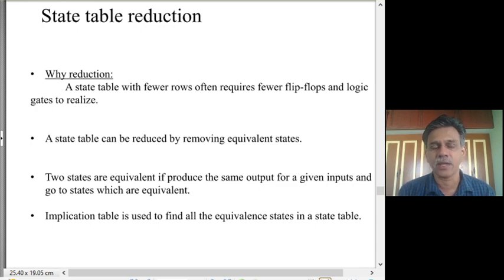But even in this case, if you have 6 states, the logic that you would require to realize the machine would be less as compared to a case when there are 7 states or 8 states in general. So we would always like to have the minimal number of states being used in a state graph or in the state table.